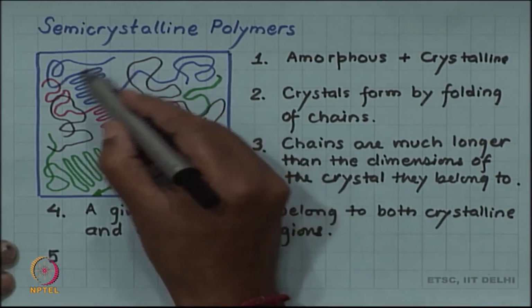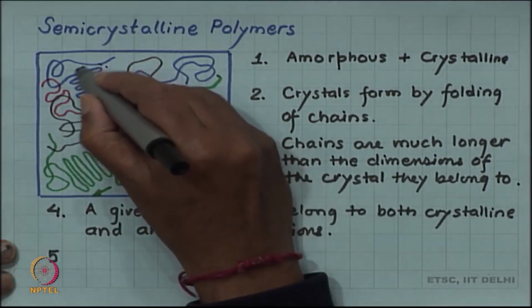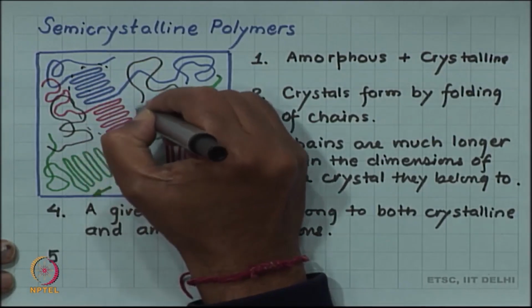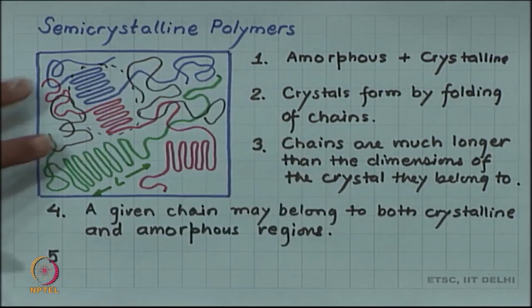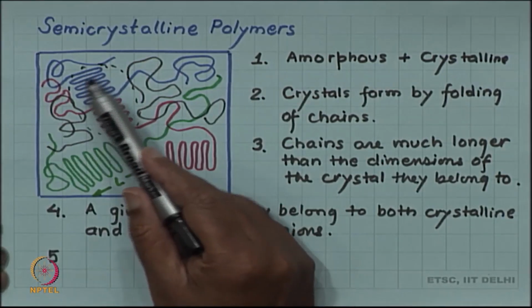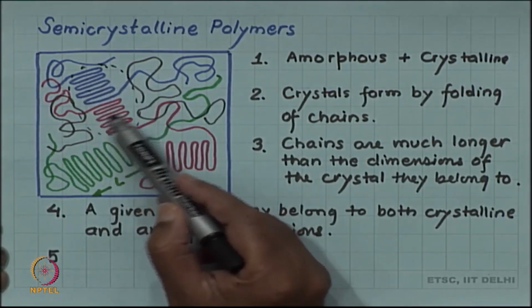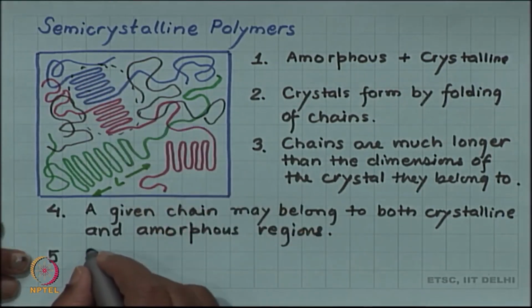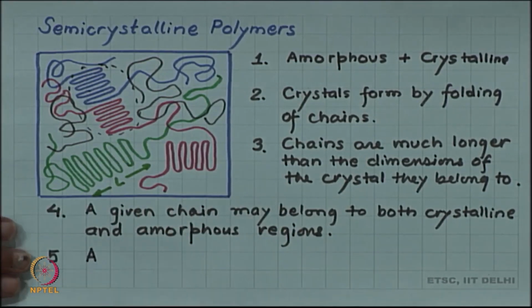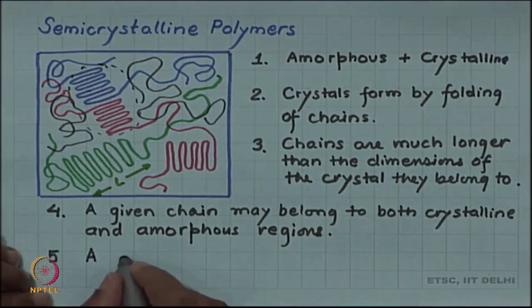At the same time, if you look at a given crystal, for example this crystal, this is a single crystal, but part of it is coming from the blue chain and part of it is coming from the red chain. So, a given crystal can be formed from more than one chain.